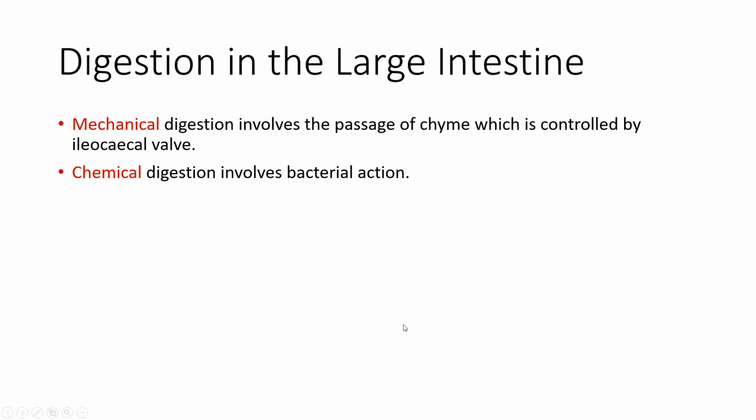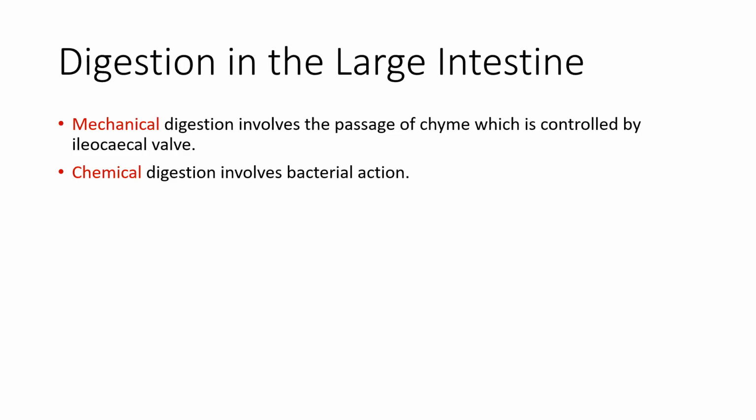So what do we do in the large intestine? Well, we still have digestion taking place. We have mechanical and chemical digestion. The material that has come through the small intestine to the ileocecal valve, the stuff that we can't process, that's high in fiber, the indigestible material, is going to come through the ileocecal valve into the cecum and into the large intestine.